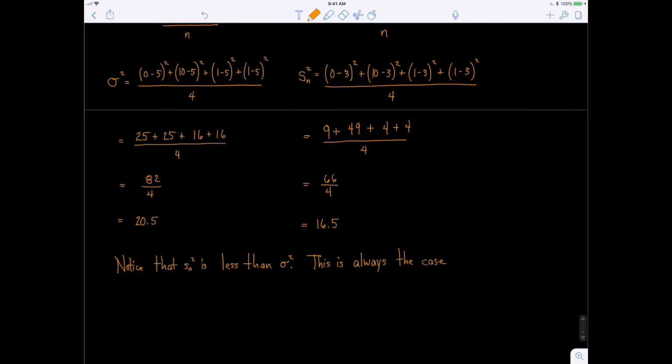And so because we know that Sn squared is always less than sigma squared, it is called a biased estimator.